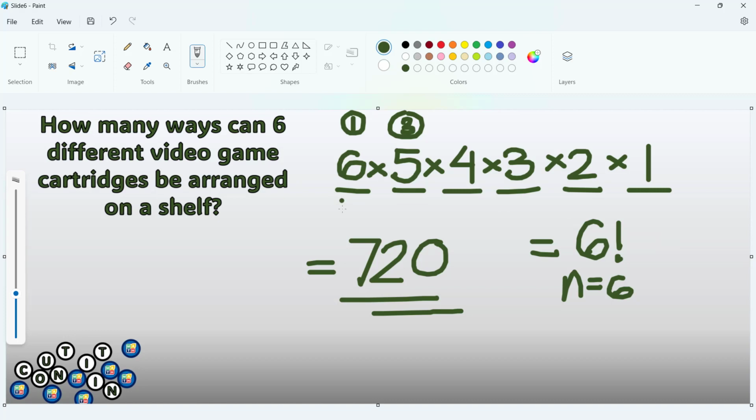So you have n here, times your 5 which is n minus 1, your 4 which is n minus 2, and so on and so forth until you reach times 1.